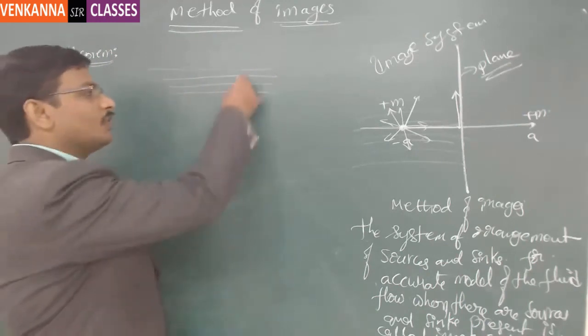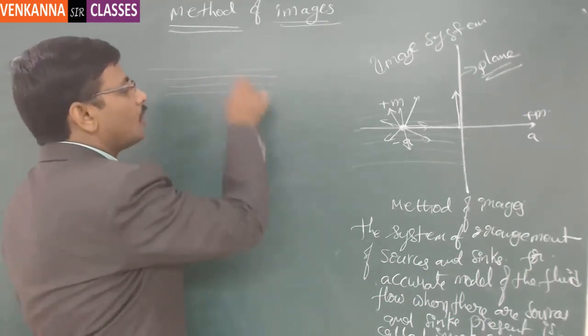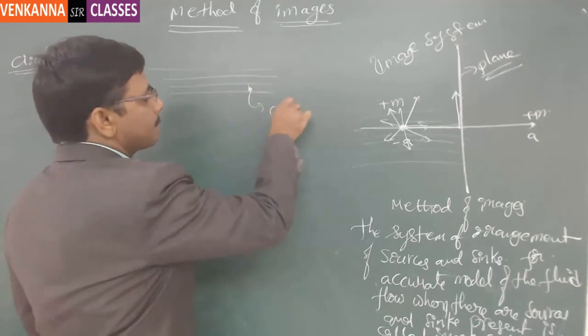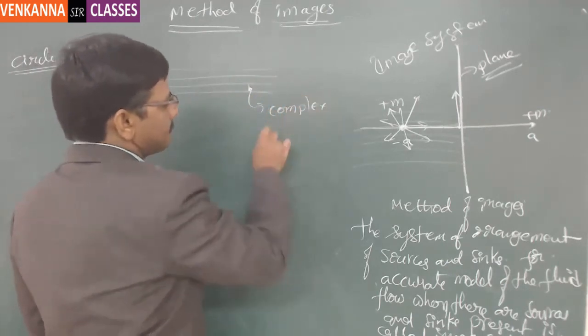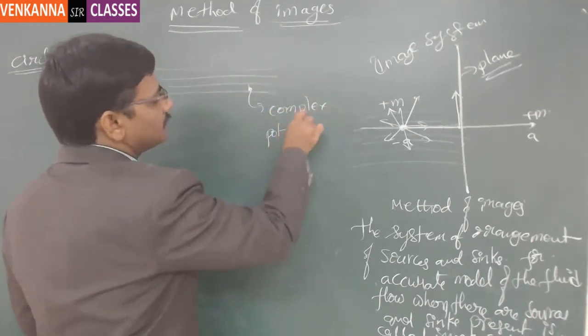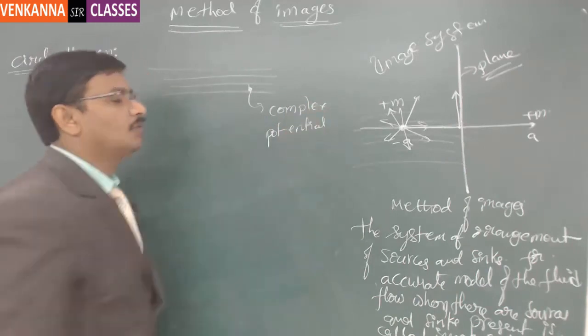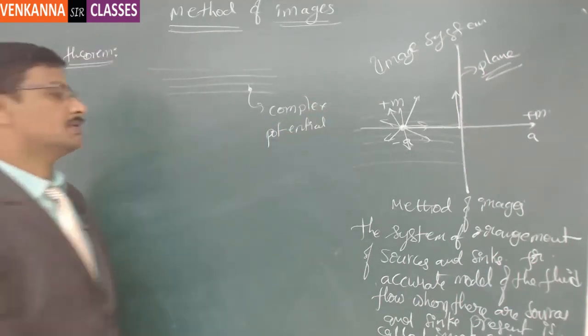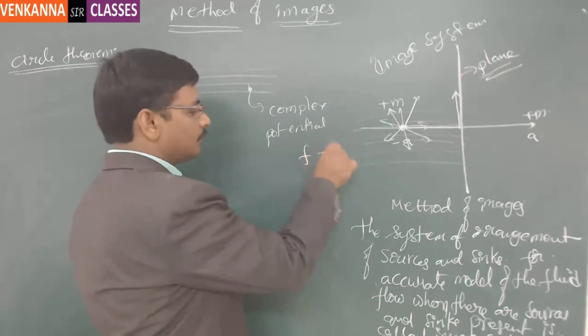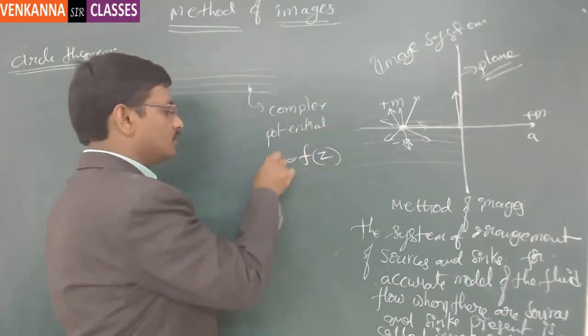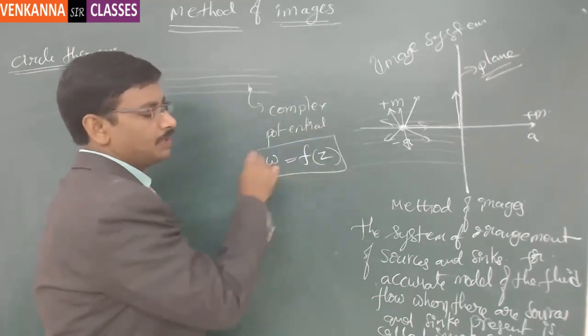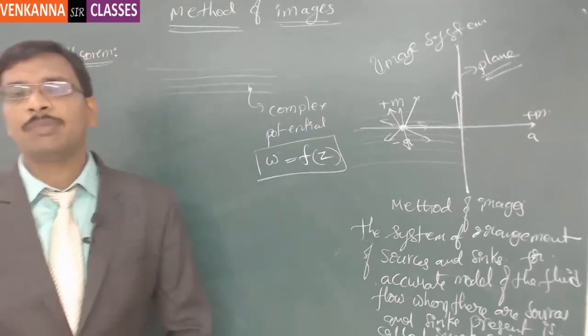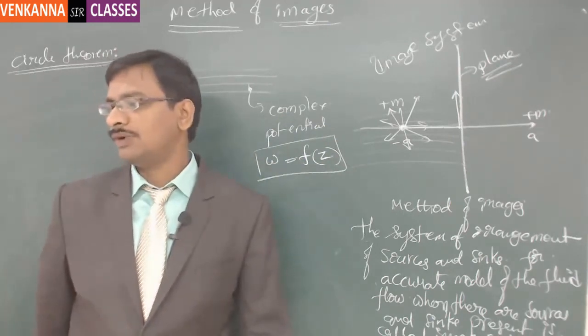This flow happens because of the presence of some complex potential. As there is a complex potential, the fluid will be moving from one place to another. Let us say the complex potential is f of z. So W is equal to f of z, the complex potential at any point in the presence of the infinite fluid.